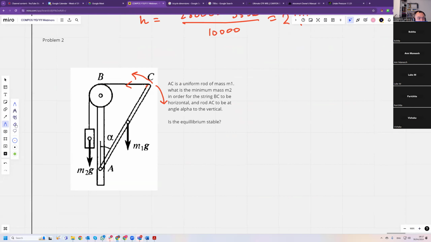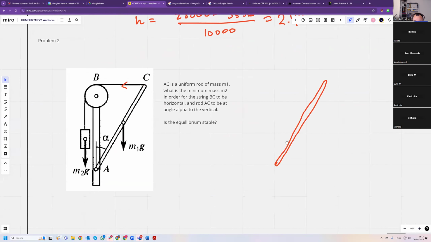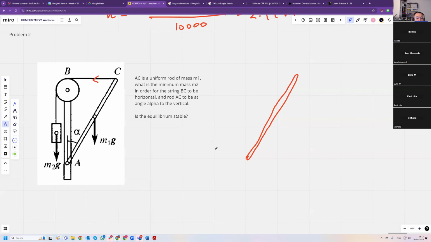Okay. Now, what we need to do in these questions, you always take the rod. The only thing that is moving is the rod. And look at the forces acting on that rod. So there's an M1G force, and there's the rope.